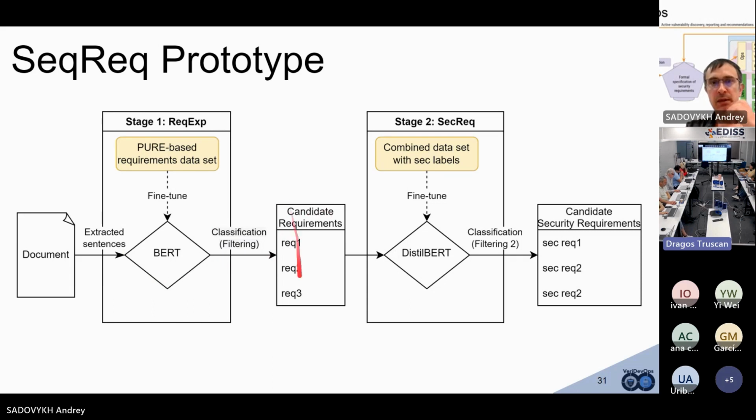From that list of sentences that represent requirements, we also use a specific pre-trained model that tries to understand what is a security-related requirement and gets out the list of those security requirements.